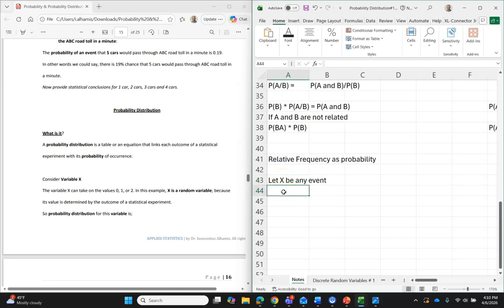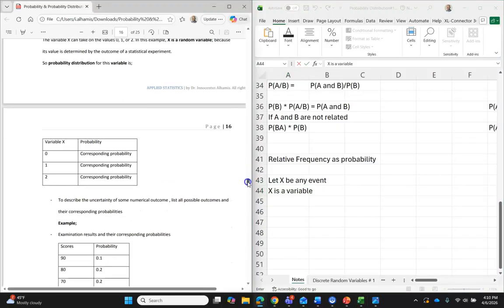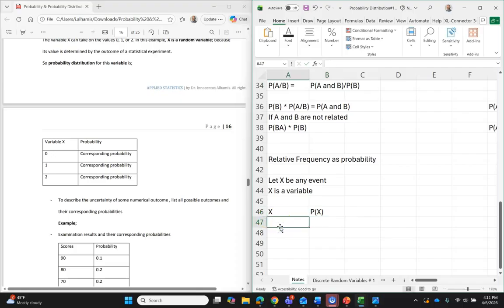So let me write here, X is, and we can write probability distribution. Let's see our variable, which is X, and the corresponding probabilities, so called probability of X. Assume that X has the following values: 0, 1, 2, 3, and so forth.